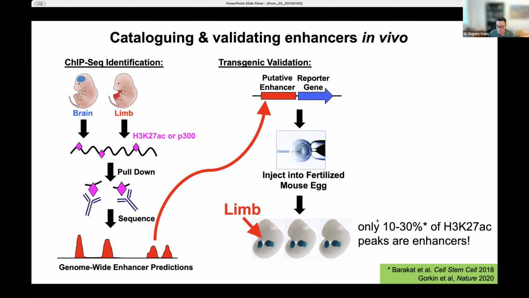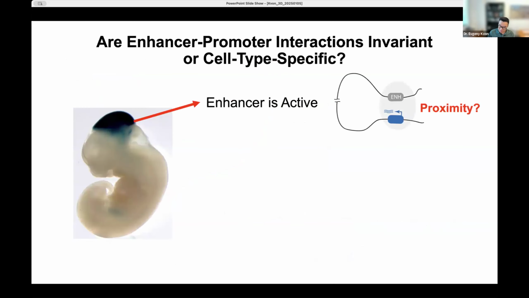And if you do this exercise, only a small fraction of these genome-wide H3K27 acetylation peaks is actually driving activity. So you have to do validation, and in cells you can do MPRAs, etc. We wanted to use these experimentally validated enhancers to ask a question about enhancer-promoter looping. Specifically, you have a mouse embryo, you have this midbrain enhancer.